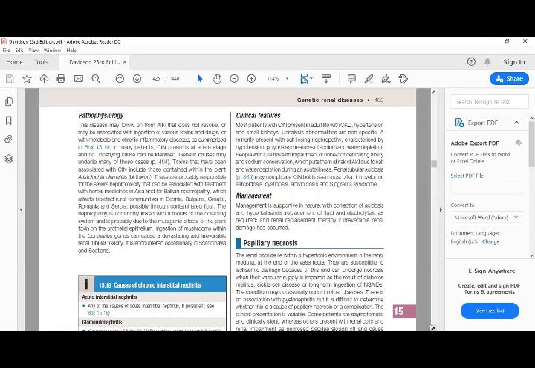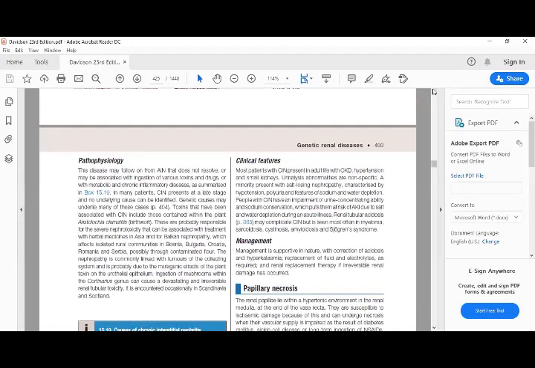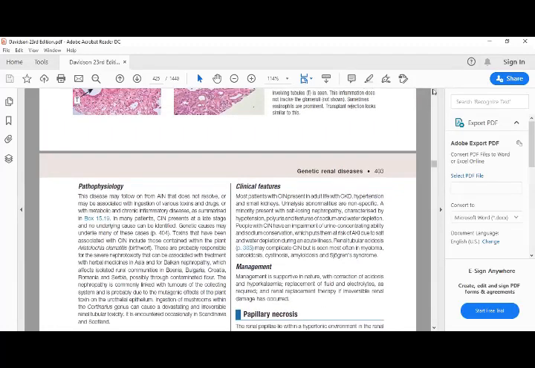Now we go back once again to the tubulointerstitial nephritis topic.